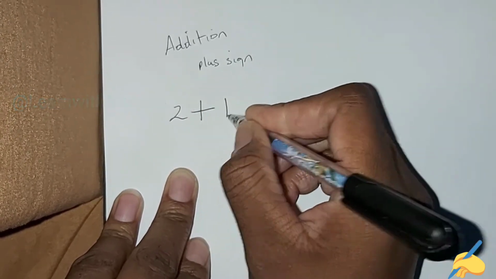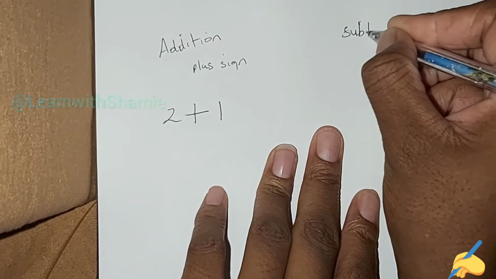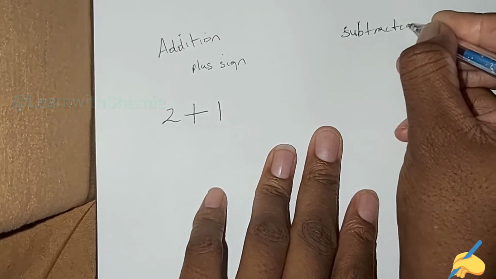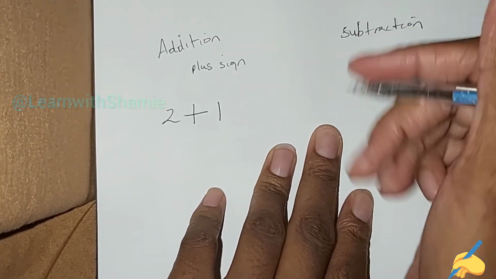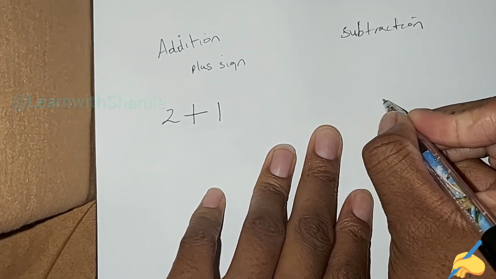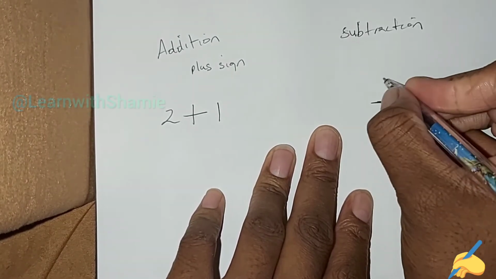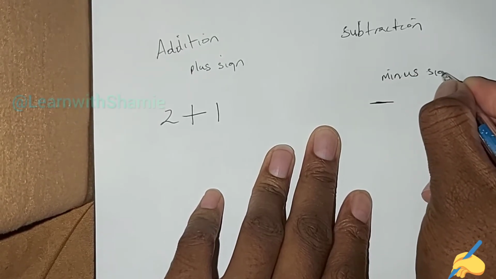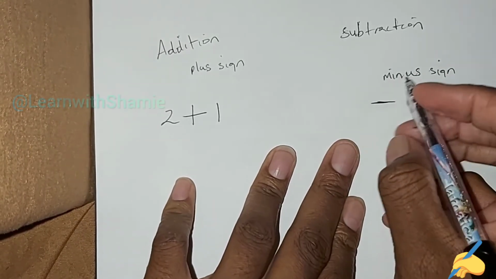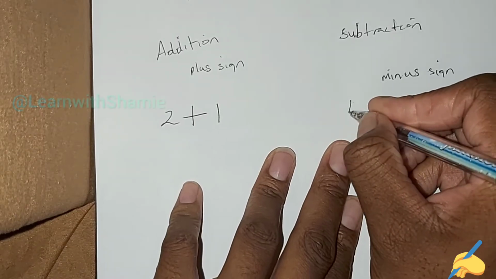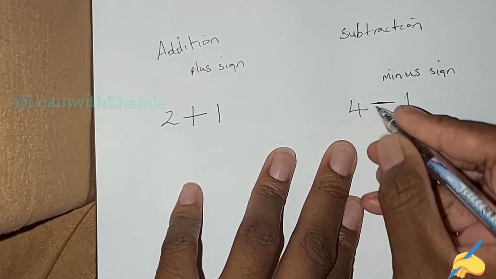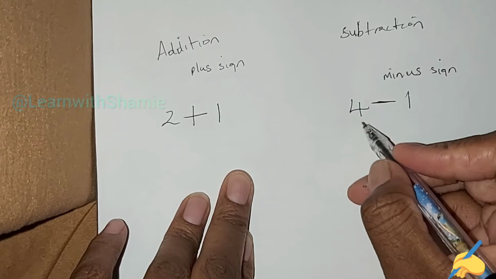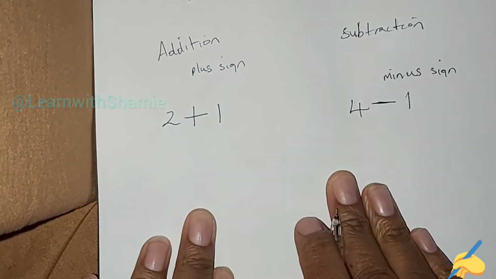So 2 plus 1. For the subtraction operation, we use the minus sign. So it tells you to take one number away from another. So it reads 4 minus 1.